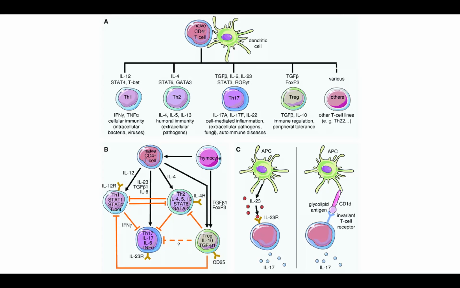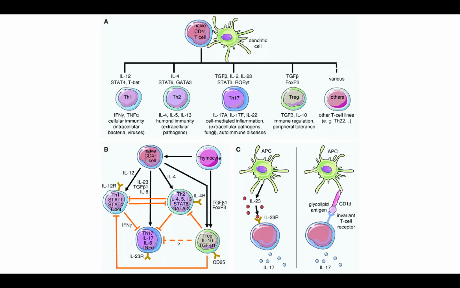Okay, now for the T helper cell 2. If interleukin 4 is released after this interaction with the dendritic cell and the T helper cell, you might get IL-4 and some other chemicals, and that will create the Th2, the T helper cell 2. That T helper cell 2 will produce IL-4, IL-5, and IL-13.